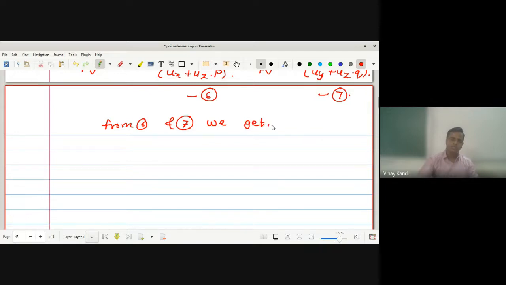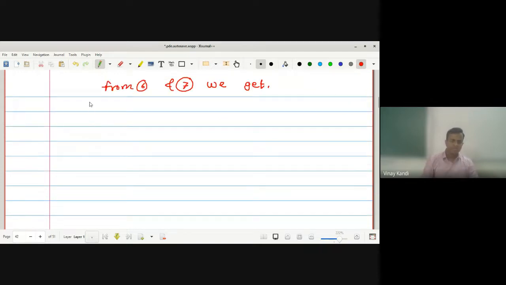From equations 6 and 7, we get vx plus vz into p upon ux plus uz into p, which is equal to vy plus vz into q upon uy plus uz into q.